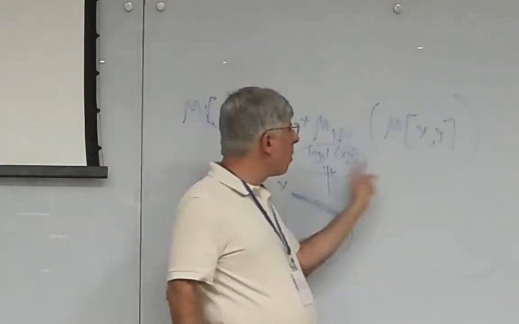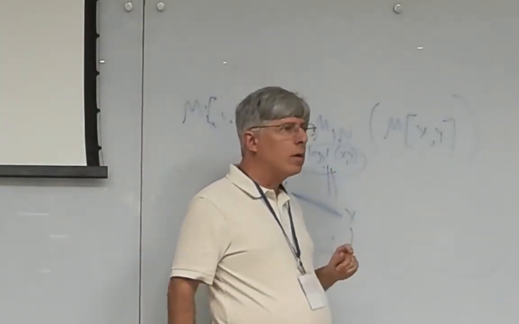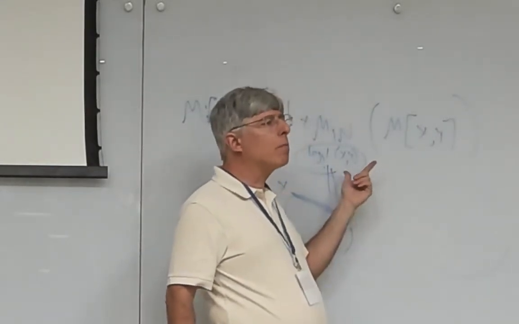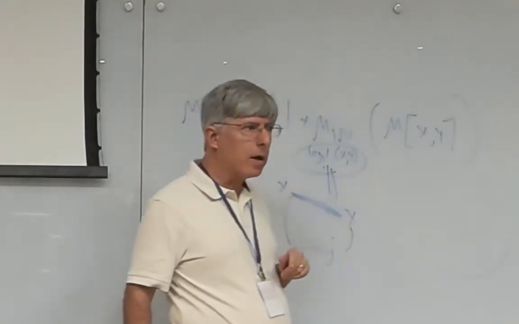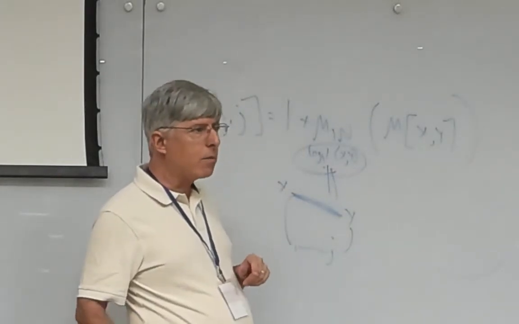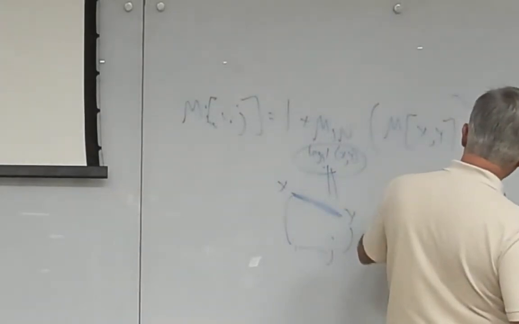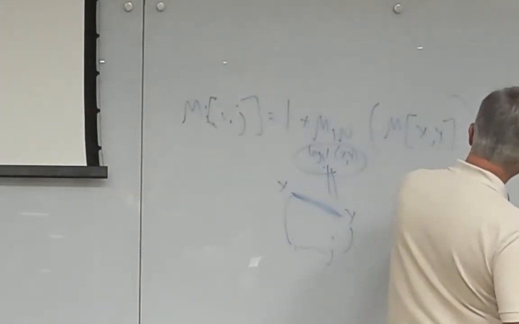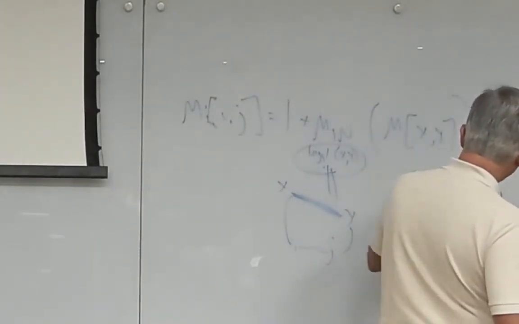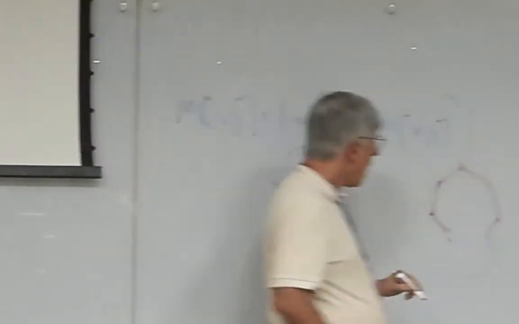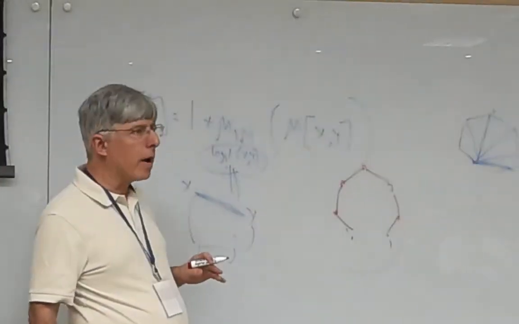Here we're going to go through all legal chords. How many legal chords might there be from any polygon? From any point. I guess if the object was convex, ij, how many legal chords are there?